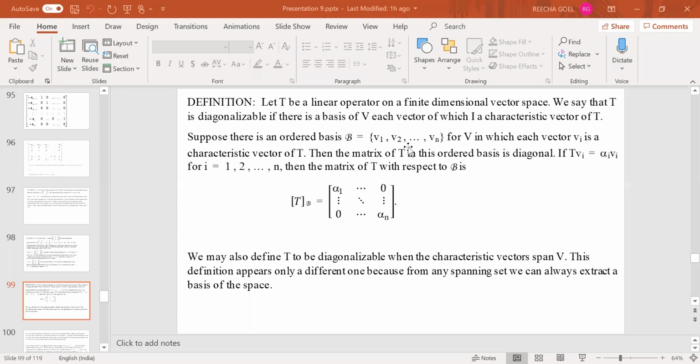So I have alpha 1, alpha 2, alpha n scalars, each of which works as an eigenvalue, and V1, V2, Vn are the corresponding eigenvectors.